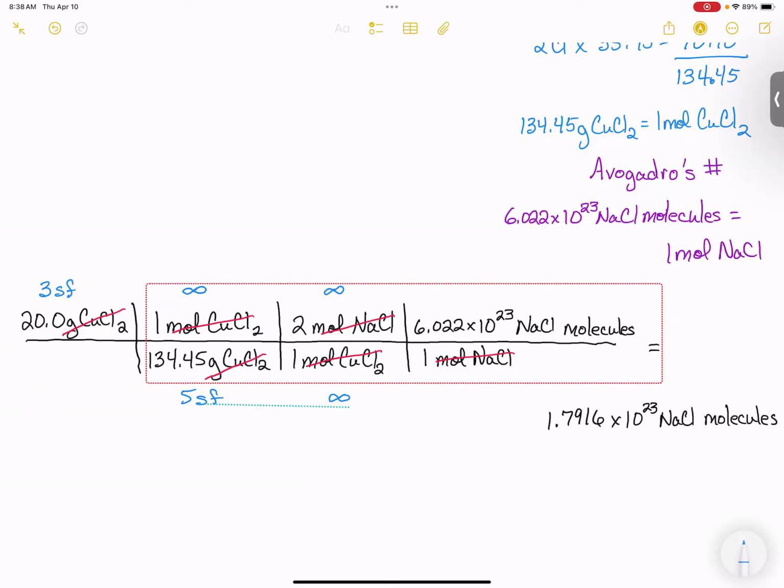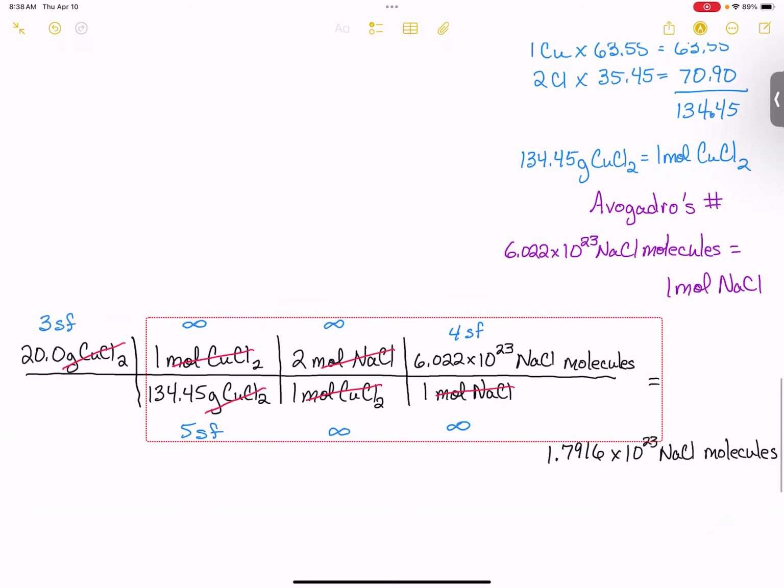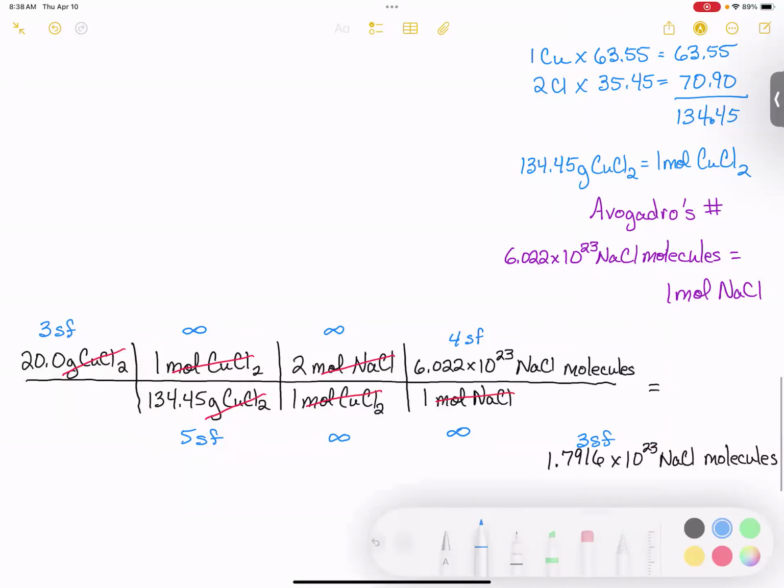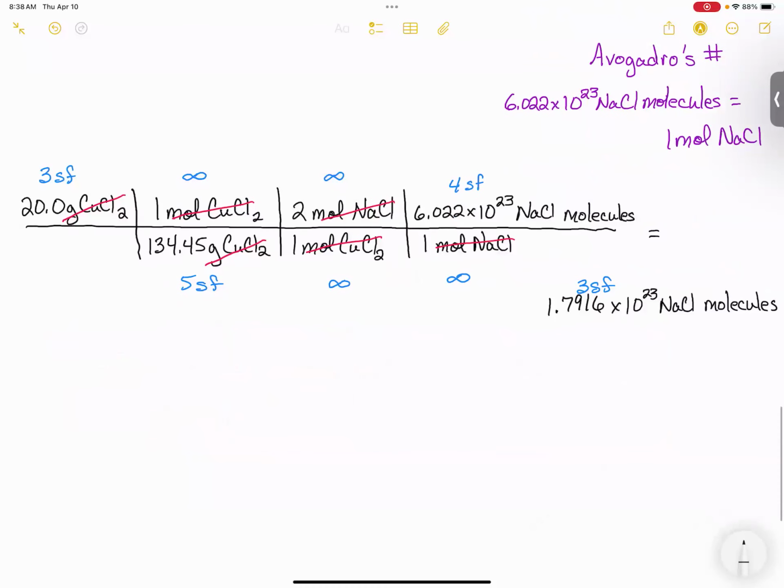The Avogadro's number, the numerator has 4 significant digits because it has 4 digits in the mantissa of the scientific notation, while the mole portion has an unlimited number. Looking at this math, 3 significant digits is the minimum. So therefore, my answer should have 3 significant figures. So the answer I should actually record for this is 1.79 times 10 to the 23rd NaCl molecules.